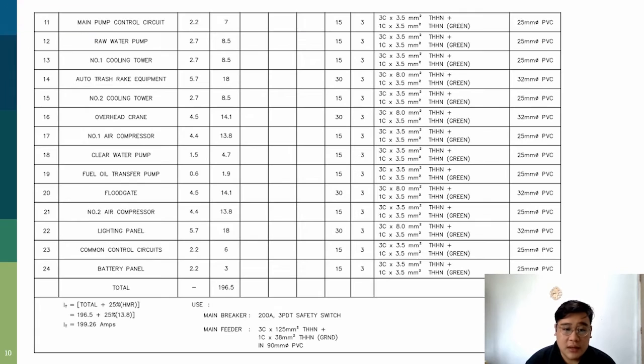Let's proceed lang sa dulo. So, ito ang gusto ko lang pong i-point out, which is the total. So, sa dulo, since meron na nga po tayong given current dito dahil na-compute based on our formula, ang ating total current is 196.5 amperes. So, kung titignan po natin, gumamit po siya ng 3-pole double throw safety switch.